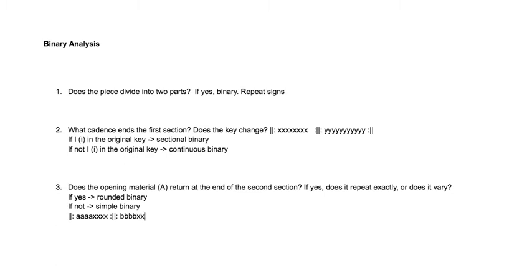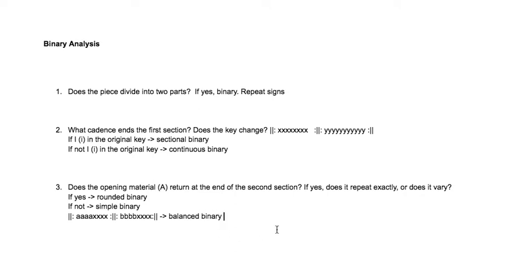And at this point, we realize, oh, those X's return. So in this situation, the opening material A never returns in the second section. However, the ending material from the first section does return at the end of the section. So this is what we call a balanced binary.